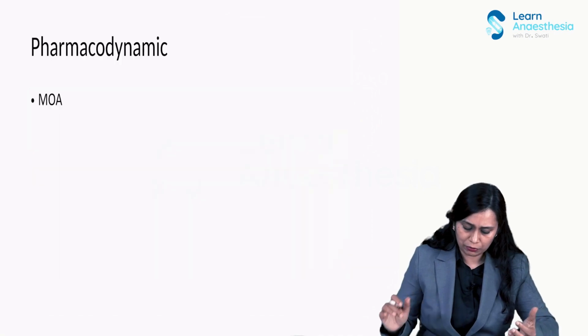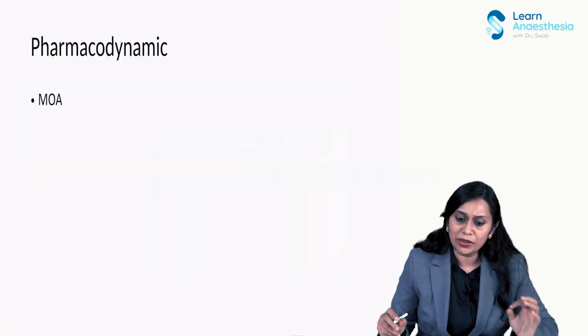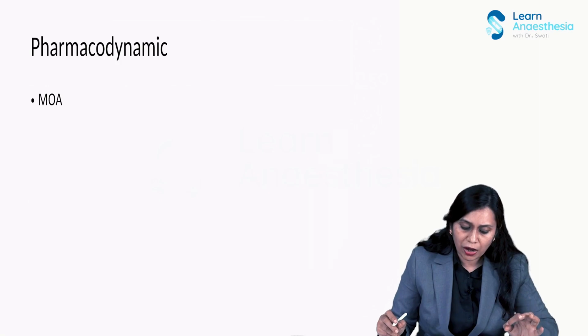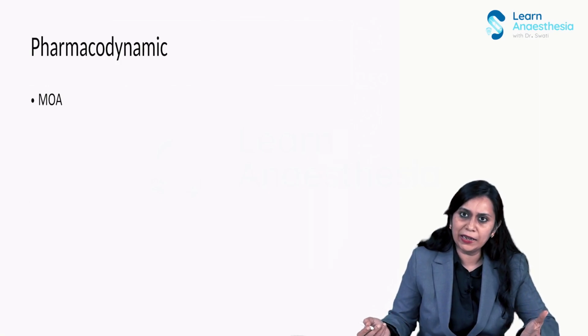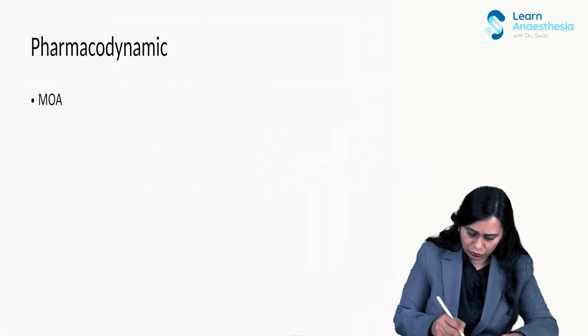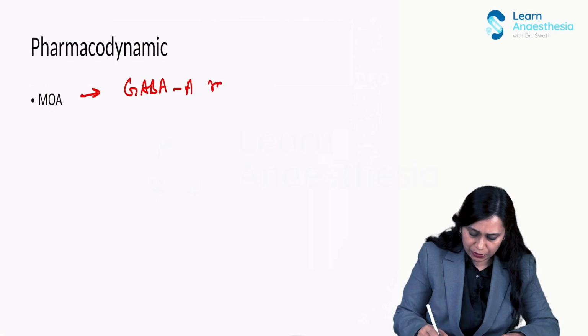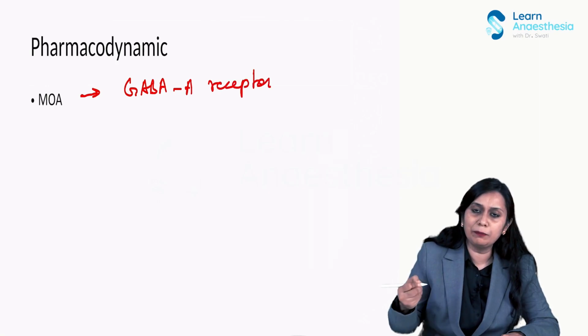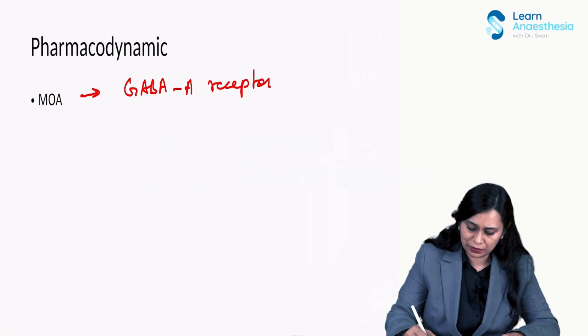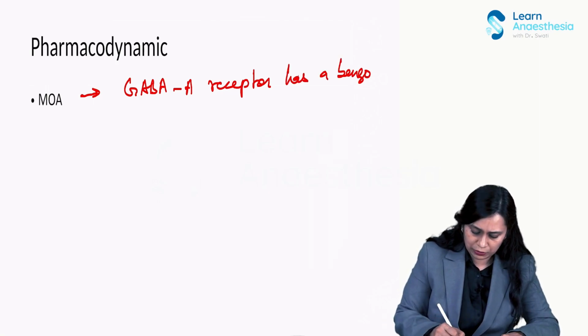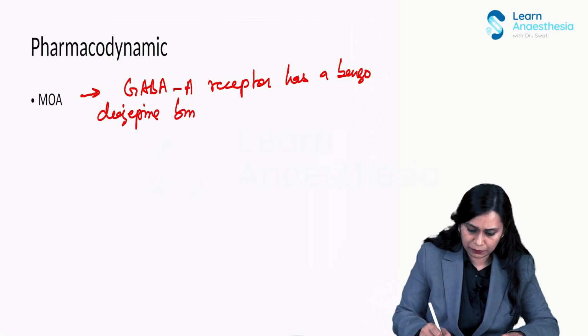Okay. Now let us talk about pharmacodynamics. What is the mode of action of benzodiazepines? They again act on the GABA A receptor. The GABA A receptor has a specific benzodiazepine binding site.